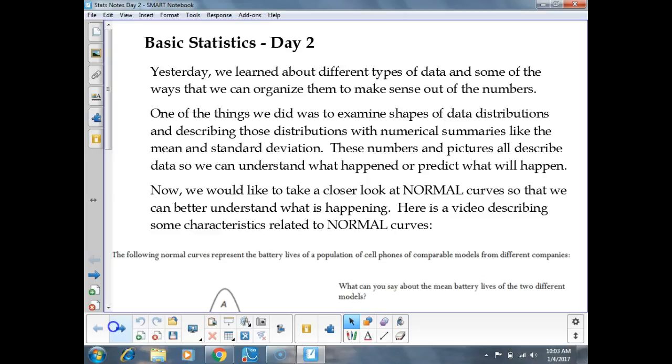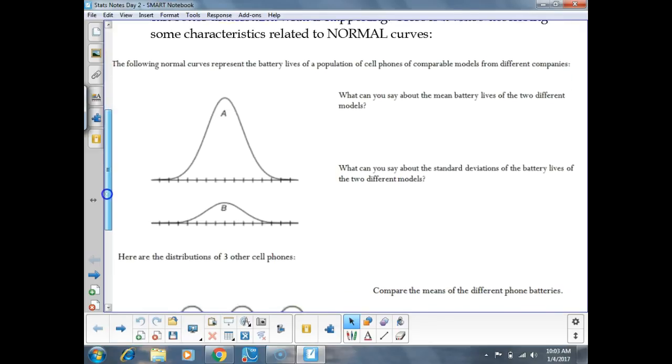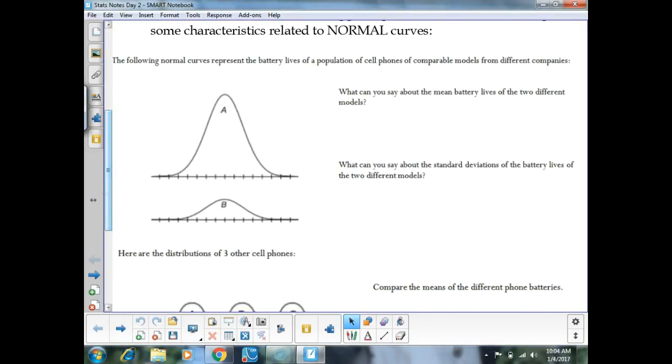We need to talk about the shapes and what we can get out of a normal curve, or a normal distribution shape.